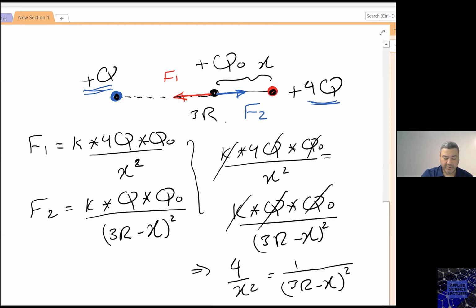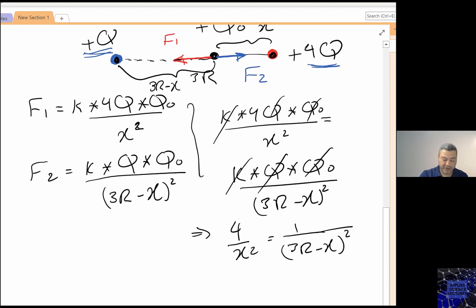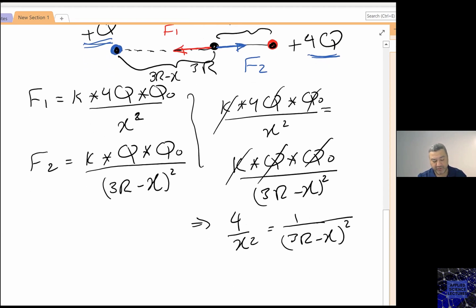then the distance here is 3R minus X. So I should be able to solve this equation and find a value for X where F1 equals F2.